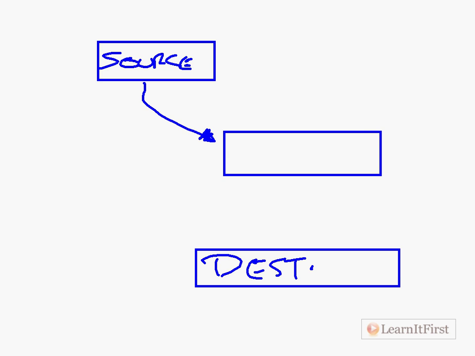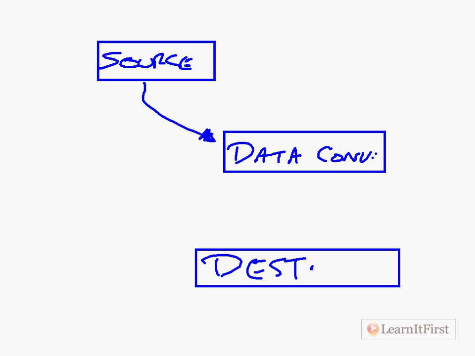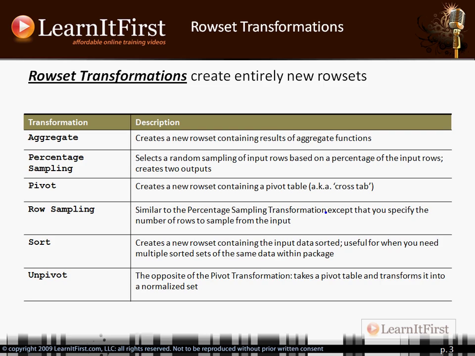So we could just do data conversion. The data conversion simply adds new columns for the converted data types, but there's still only one row set, one data set that gets passed to the destination, right? That's fairly simple. Now let me do this one more time.